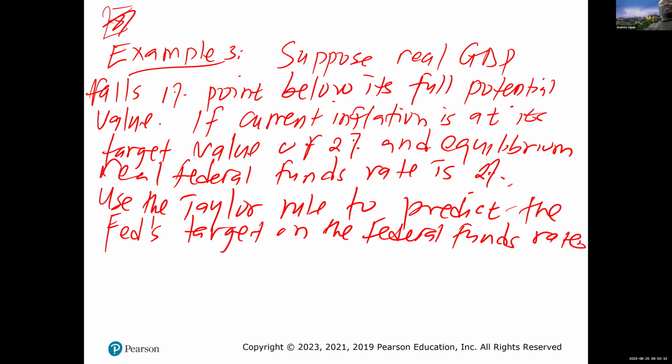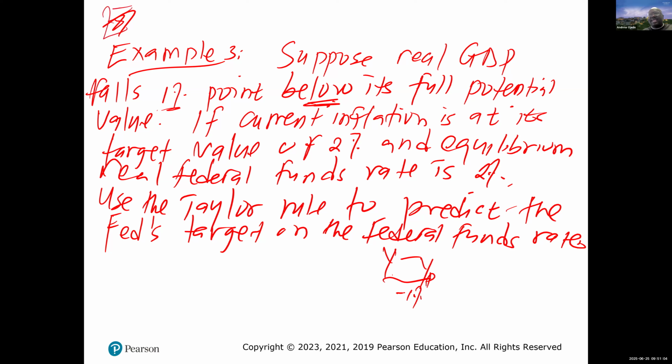Okay, so you know that. So we've been told that what? If output falls 1 percentage point below, that means the output gap, y minus yp, is negative 1%. If instead our real GDP rises 1 percentage point above its potential value, that will be positive 1% because it's above.